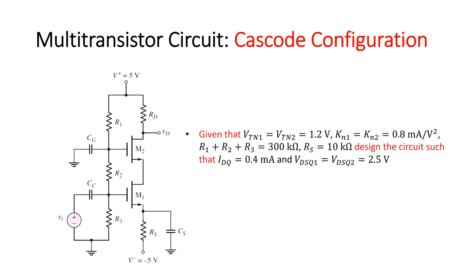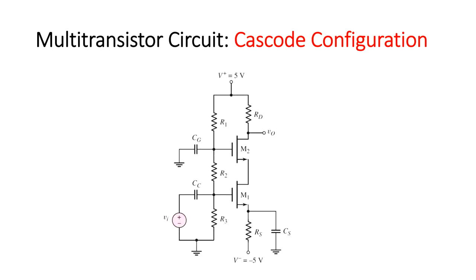Let us have another configuration, namely Cascode configuration, for which we will try to design the circuit to meet the given design objectives. Let us first focus on the source voltage of M1.